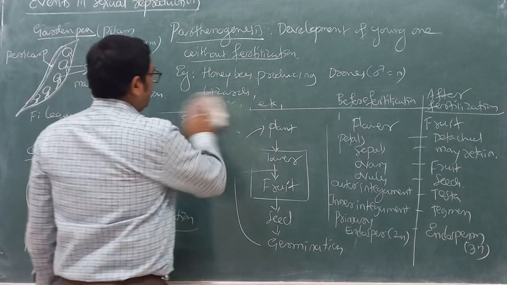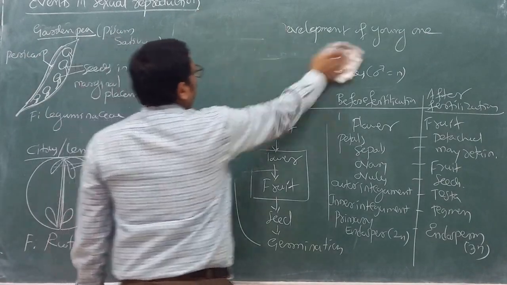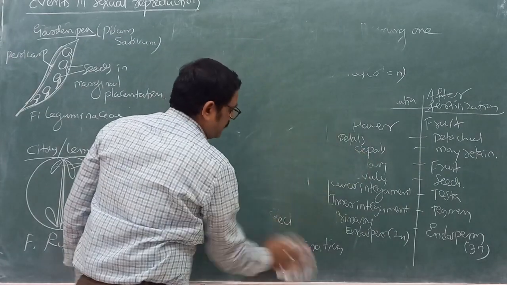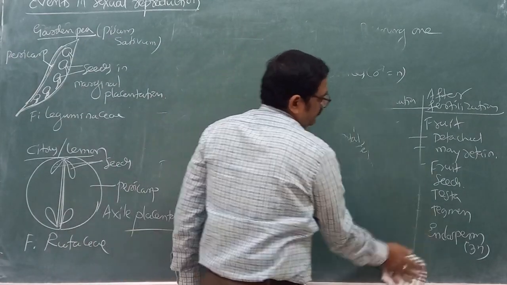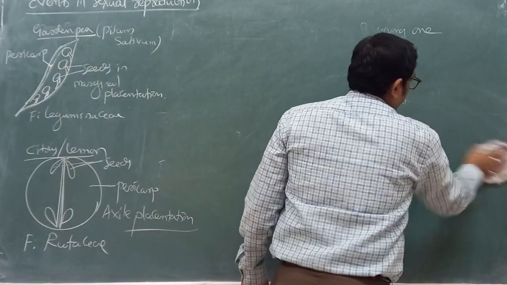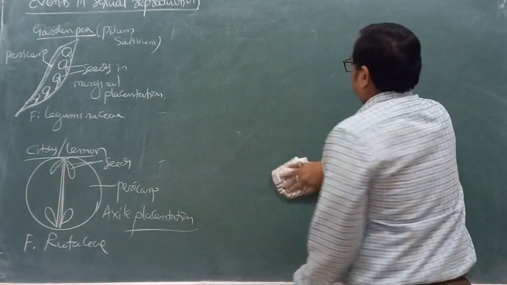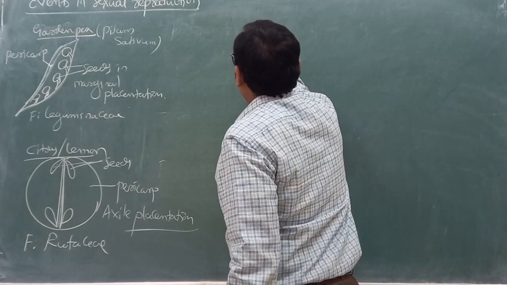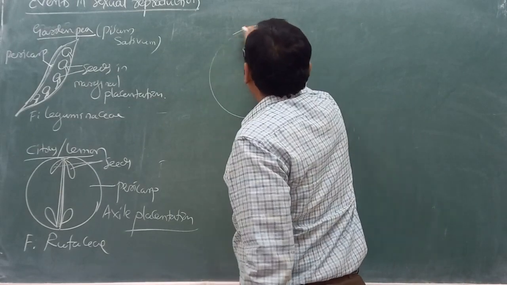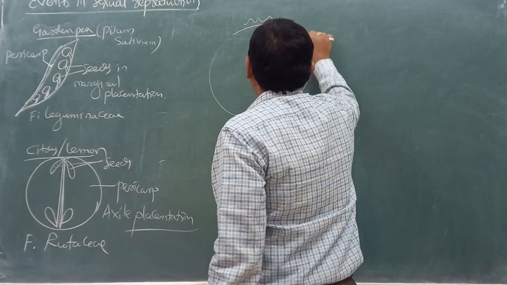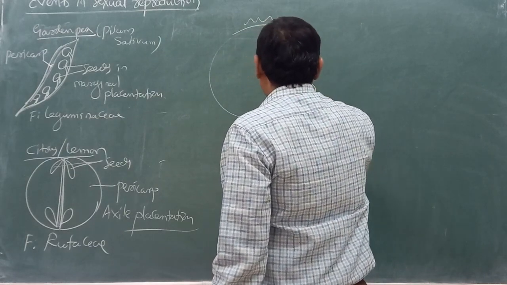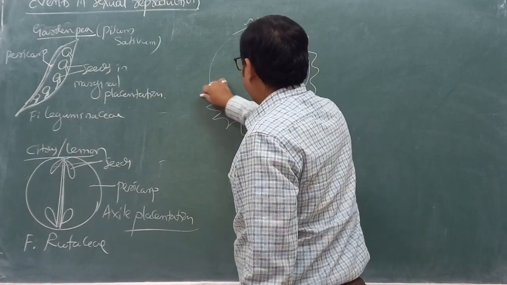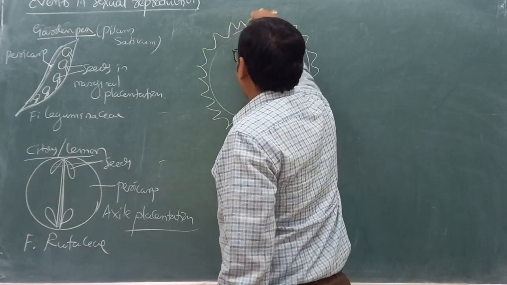Okay. The next one, there are another two diagrams given in the NCERT. Let me see whether you can identify them. The diagram is given like this, with margins. What is this?